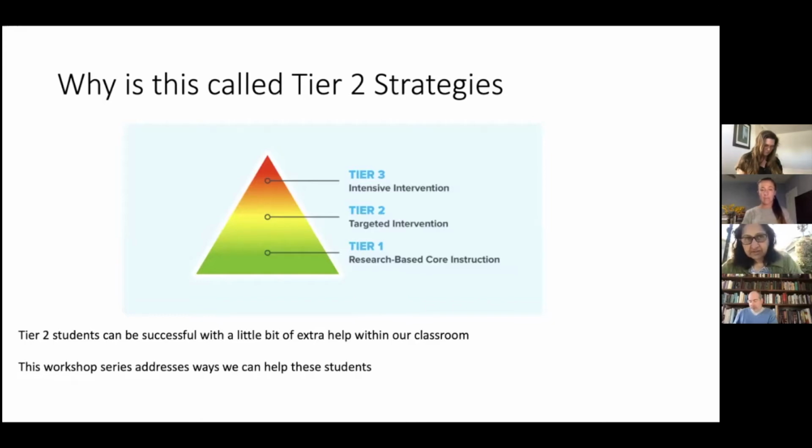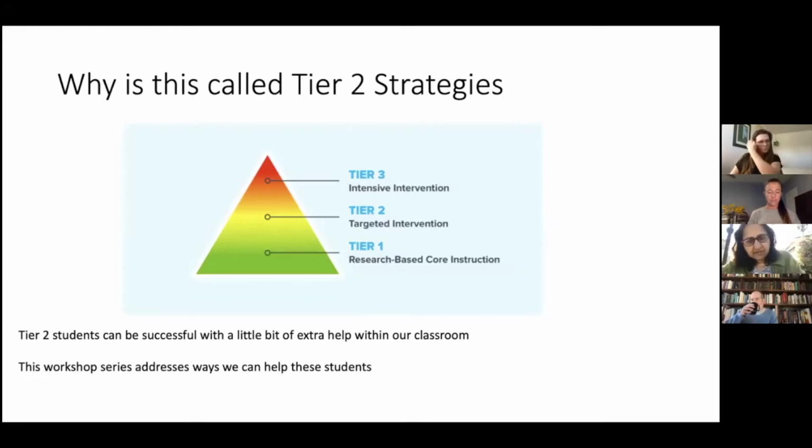We're calling these the tier 2 students. They can be successful. What we're really encouraging is that you provide that little bit of extra help within your classroom rather than sending them out to tutoring or some other way of getting that extra help. That's the tier 2 students that we're targeting today in this workshop.